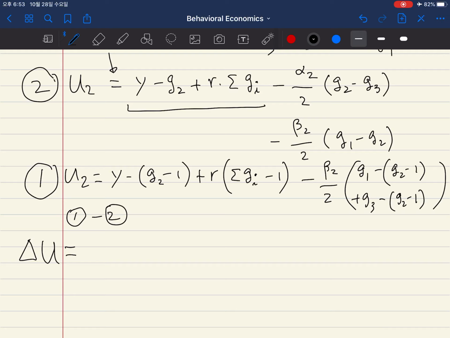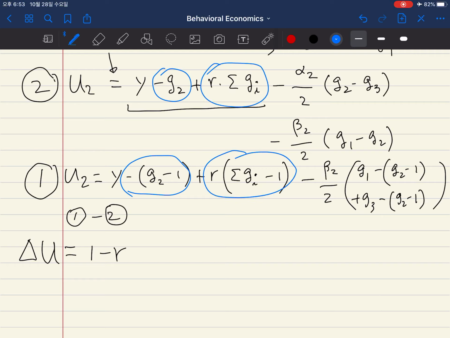So let's see. If we subtract number 1 minus number 2, for the material payoff part, we have 1 minus R. So in terms of material payoff, we can see that the second individual's utility increases.